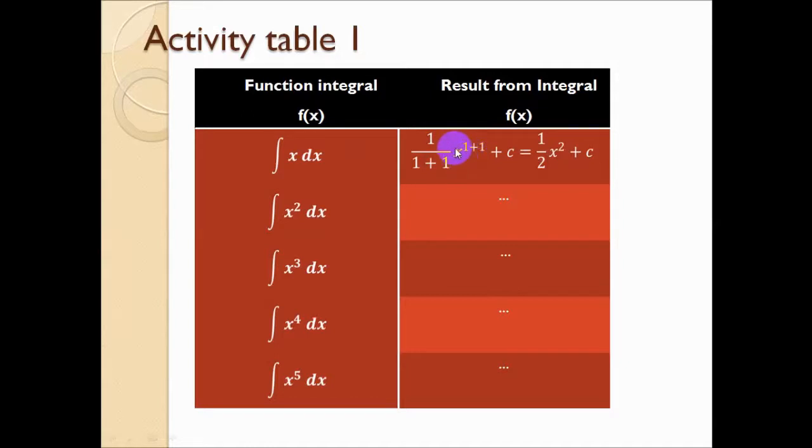So we get x power of 2 over 2, or one half times x squared plus c. It is the same for x squared, x power of 3, and so on. Please do it yourself in your notebook.